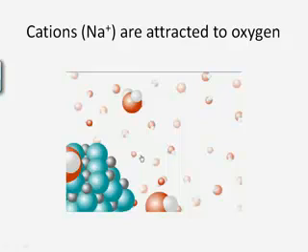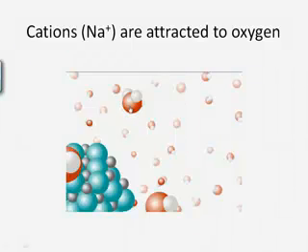And so looking at this, here we have our cations in this animation. That's the gray small atoms that are in our solid. And the oxygen, the big red atom here in our water molecule, that is our oxygen.